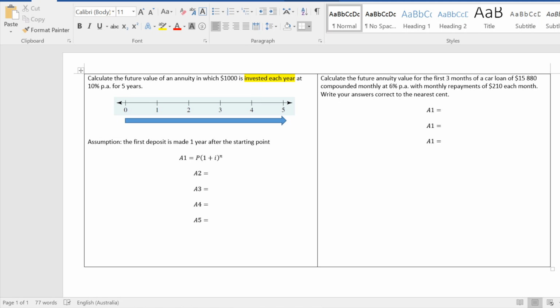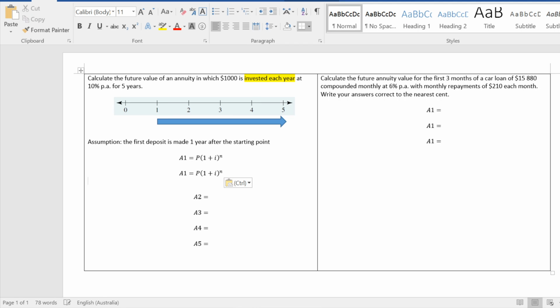So how we're doing it on a number line is we start at year 0. There's nothing deposited in year 0, so we move on. Let's look at the amount that we're going to deposit at the end of year 1. There is now $1,000 in there. Okay, now let's have a look at how this is going to work. So our first amount was deposited at the 1 year mark.